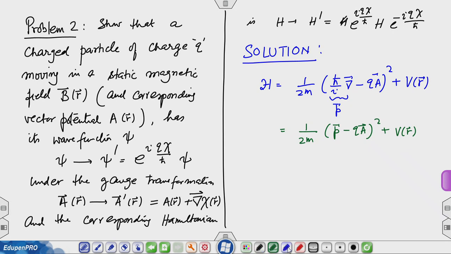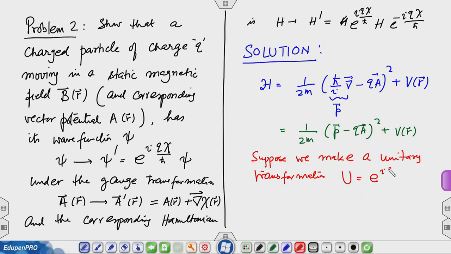Now, suppose we make a unitary transformation U equals e raised to i q chi over h cross acting on psi. So, that new wave function psi prime is equal to e raised to i q chi over h cross acting on psi.